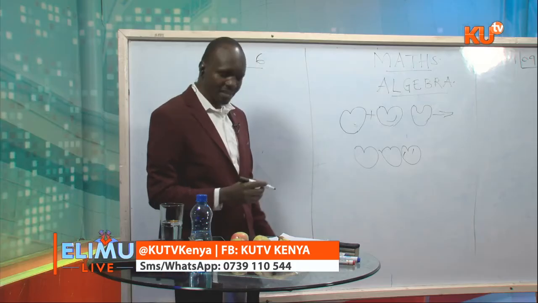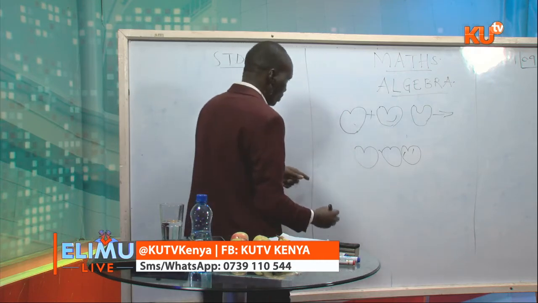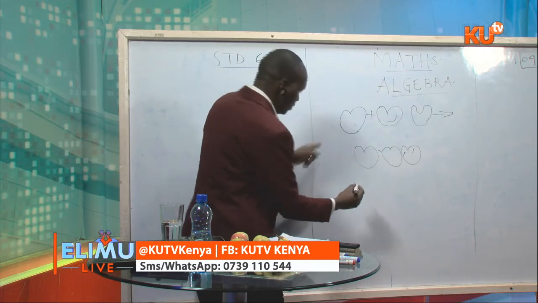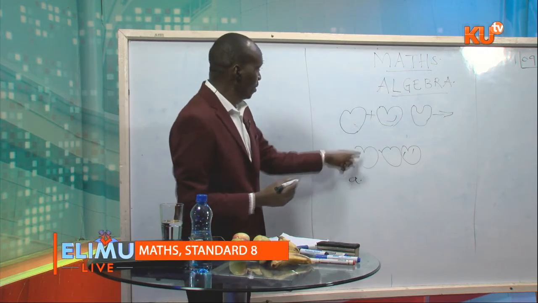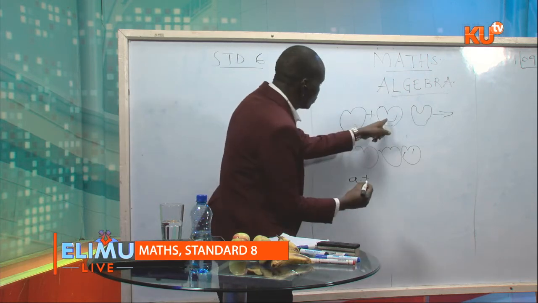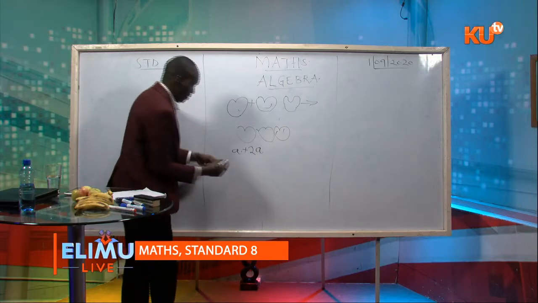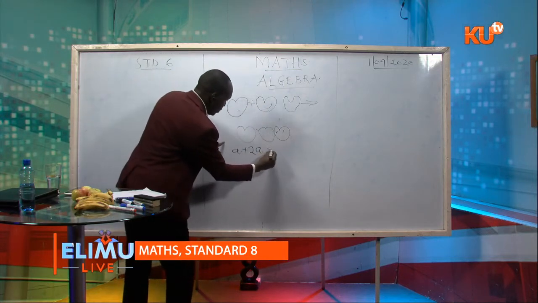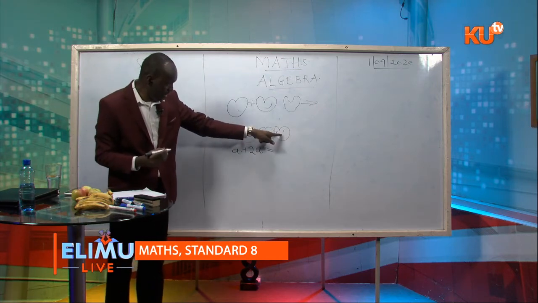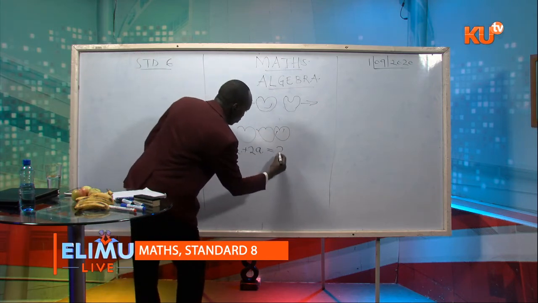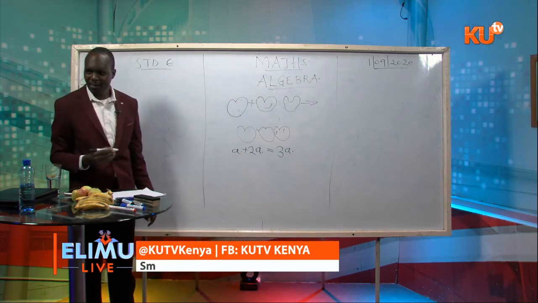We can still write it as an algebraic expression. We can use small letter a to represent apple, plus our 2 apples here, 1, 2. We write 2a, which is equal to, how many do we have? 1, 2, 3. So in total, we shall have 3 apples. Are we together, class?